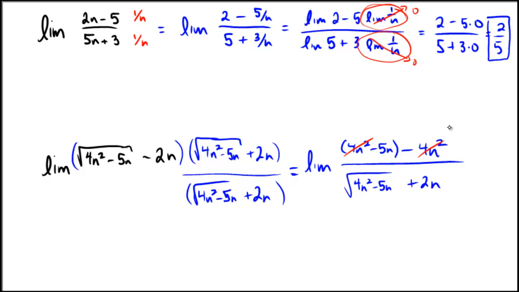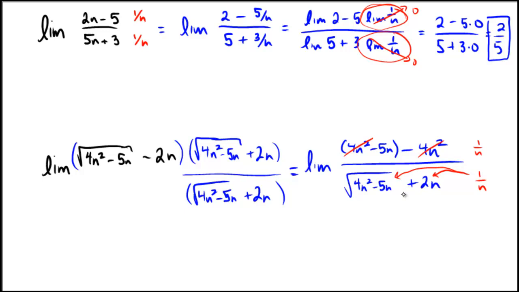And now it's essentially rational, almost rational. We still have this radical down here, but again, like the first one, I'm going to multiply through by 1 over n, which is the largest power in the denominator. Now you might notice there's an n squared over here, but notice it's under a radical. So when I distribute, this one's fine, that's just going to be a 1 over n.